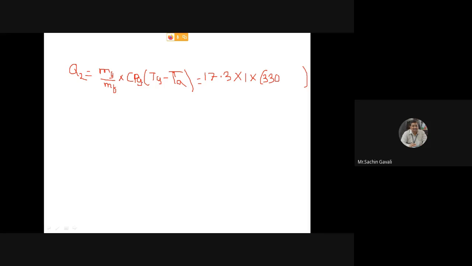आता इथलं आपलं सीपीजी किलो जूल मध्ये असल्यामुळं सगळे आन्सर आपल्याला किलो जूल मध्ये मिळणार. सीपीजी 1 किलो जूल पर केजी केल्विन करेक्ट ना. आणि मायनस टीए, बॉयलर रूम टेम्परेचर किती आहे? 17 डिग्री सेल्सिअस. आणि ह्याचा आन्सर किती येते? व्हॉट इज आन्सर इज कमिंग? एनीबडी? 5414.9.